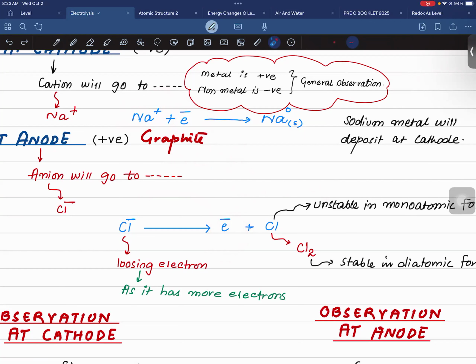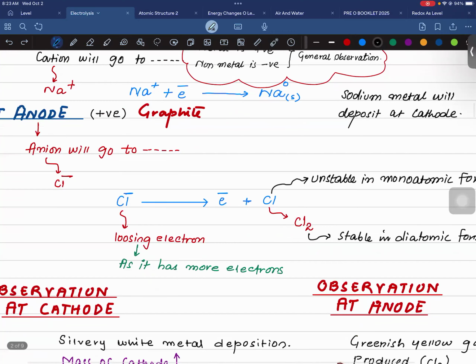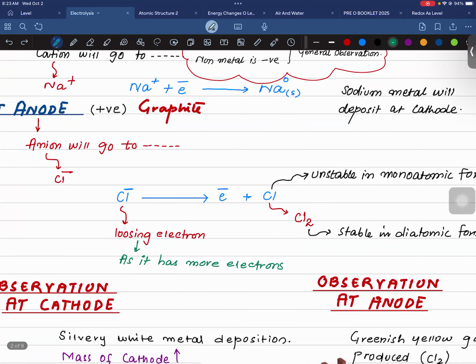So you can identify whether the substance is going to gain or lose electrons. Simple. Now I'm going to tell you the thing that I didn't tell you in the last class.